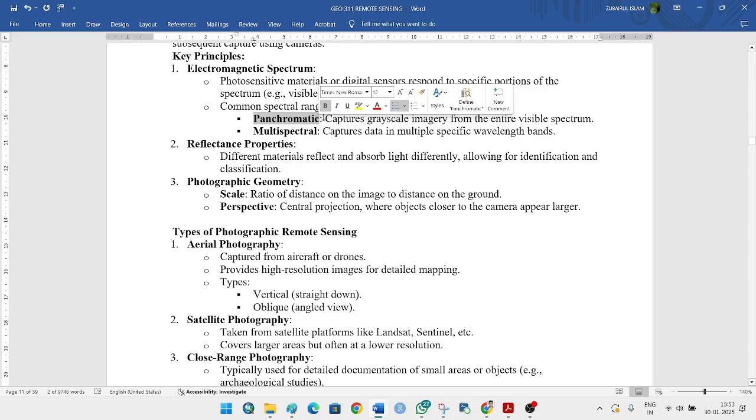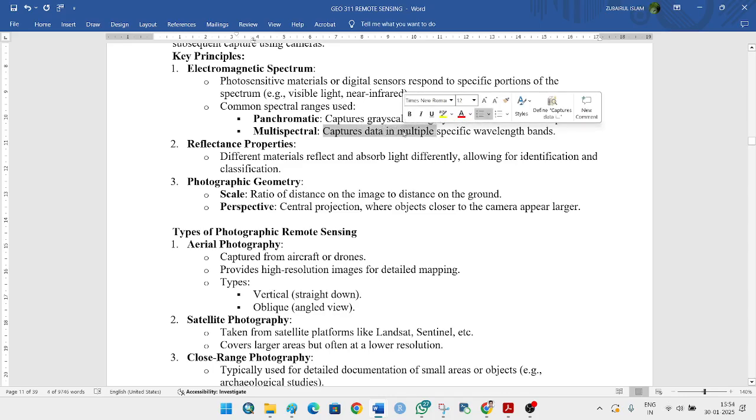They take the whole visible part, the entire visible spectrum, meaning the blue, green, and red parts. And multispectral means they give us multiple bands. Blue will be a single band, then green, then red, then infrared. Such type of images are called multispectral.